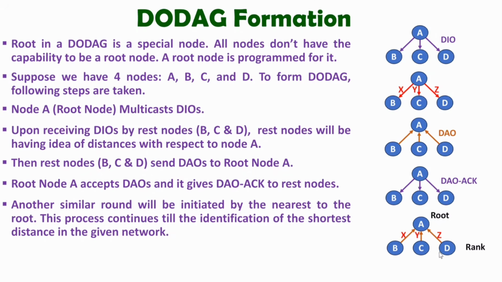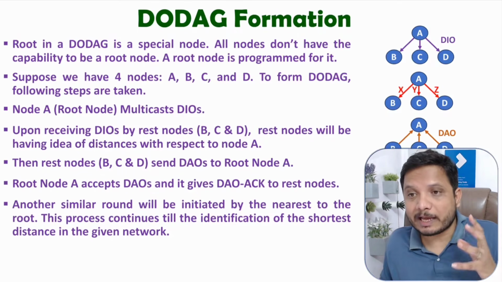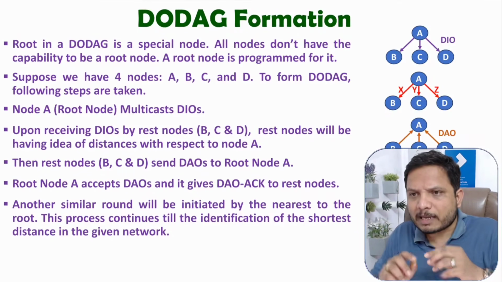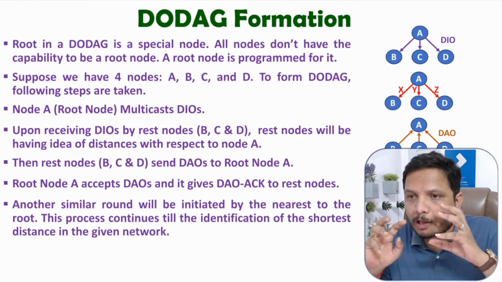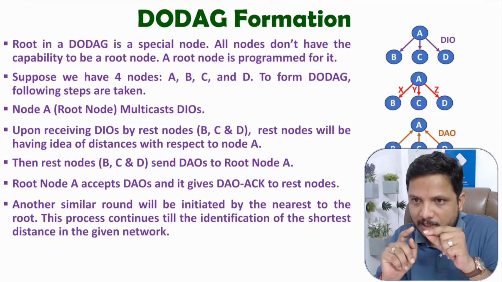So what will happen in this complete network? What is the distance with respect to AB, AC, AD, as well as BC, BD, CD? That is how complete information will be there with all the nodes. And based on that complete information, now routing can be done. So here, by these control messages, all nodes are forwarding information to each other.